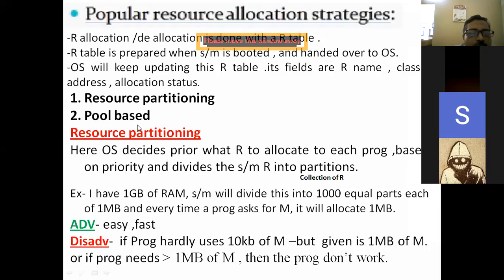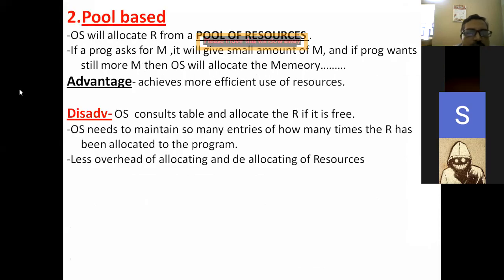The second one is pool-based allocation. So what are the points with respect to pool-based allocation of resources? Here, the OS will allocate resources from a pool of resources. We have something called a pool of resources from which our OS will allocate resources for particular processes.